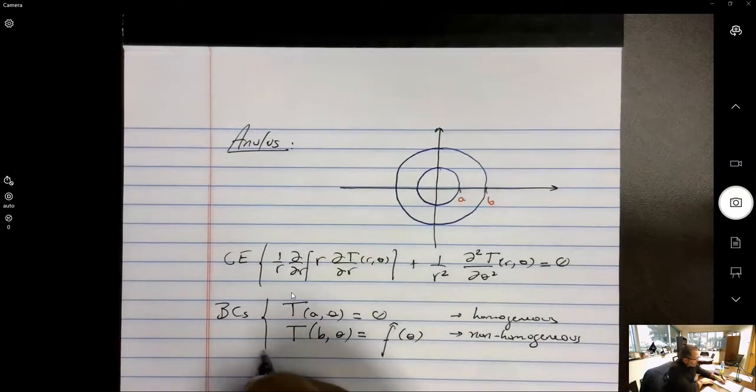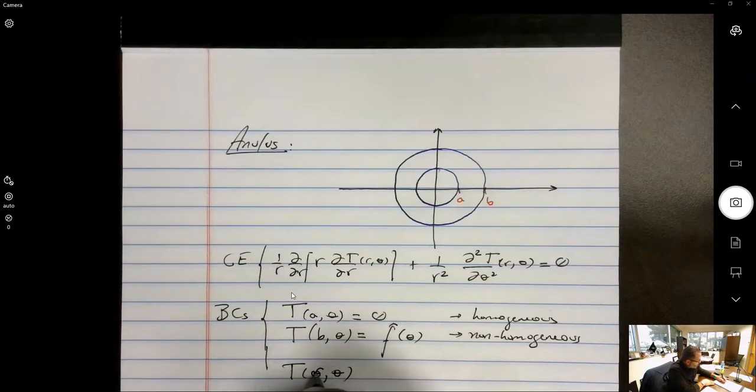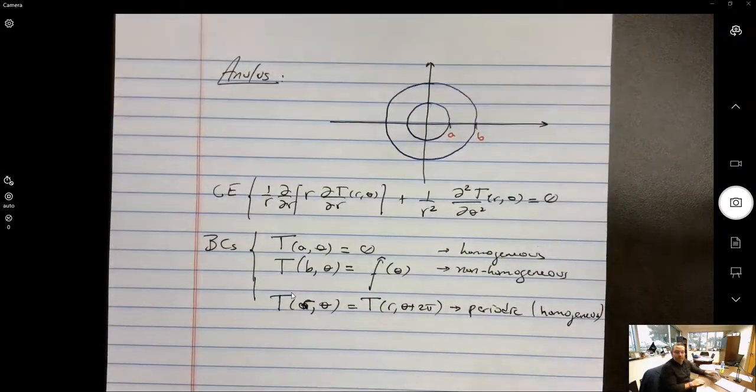And the boundary condition on theta: T at r, theta should be equal to T at r, theta plus 2 pi. And this is periodic homogeneous. Okay, we know that.